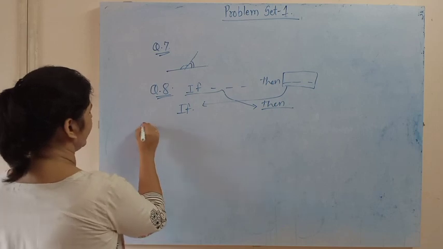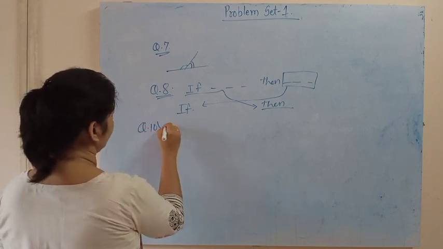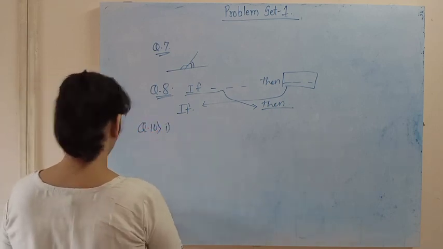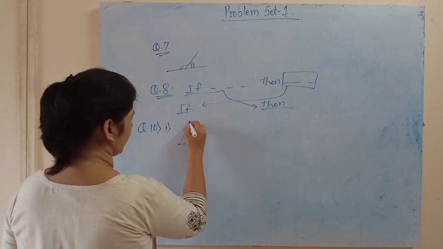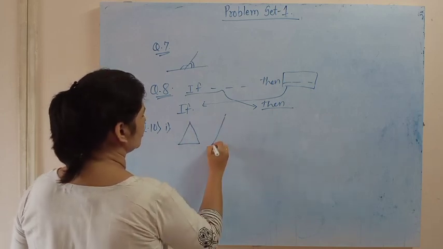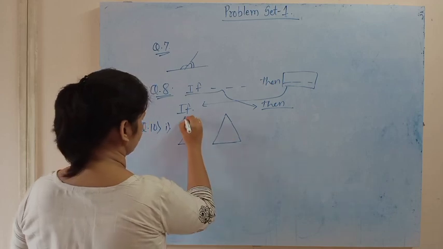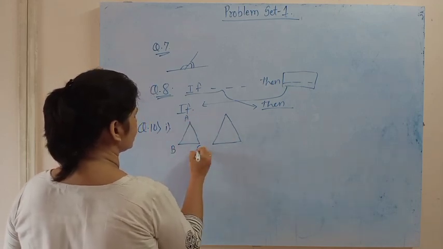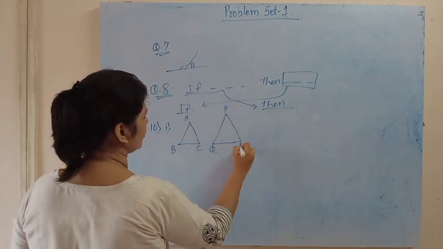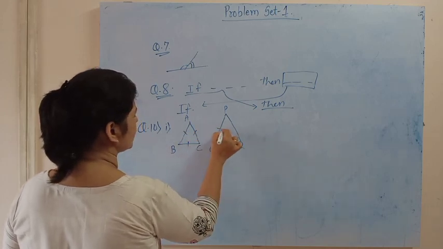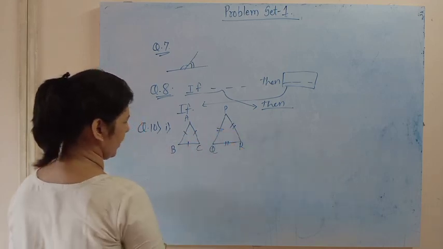That means you have to draw two equilateral triangles like ABC and PQR. Suppose these are two equilateral triangles.